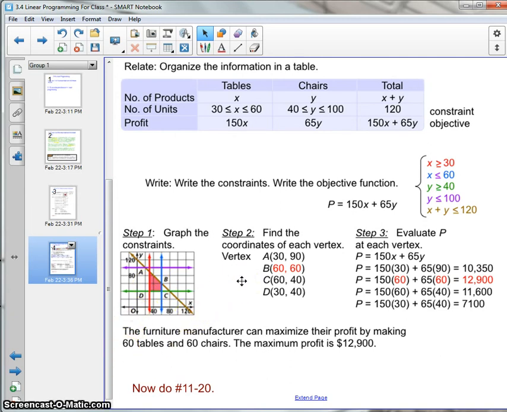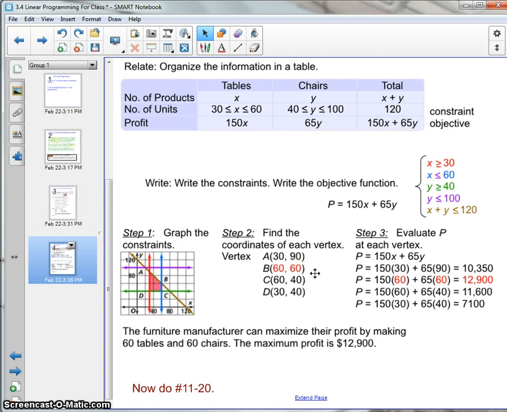Step 2, you want to find the coordinates for each vertex. And in this situation, we have 4 different vertices. And we see that they're at (30, 90), (60, 60), (60, 40), and (30, 40). Which you can see if you look at the correct scale of our graph, that those are our different vertices.